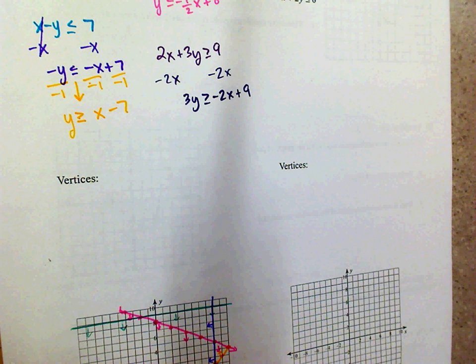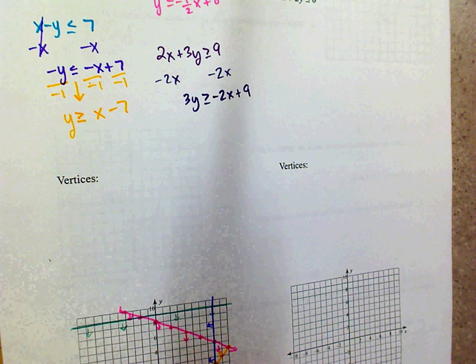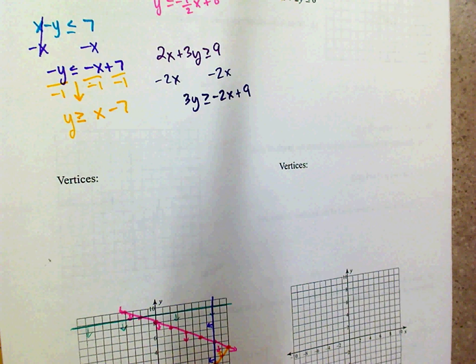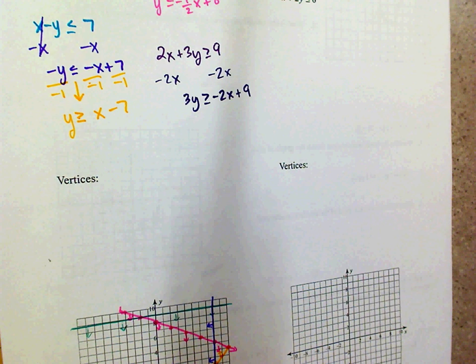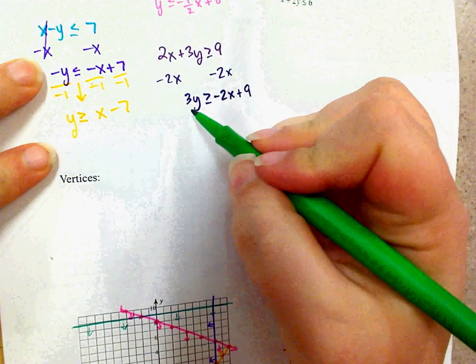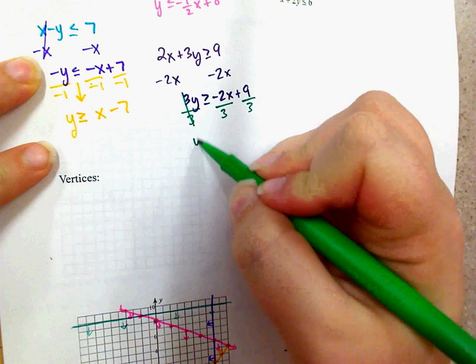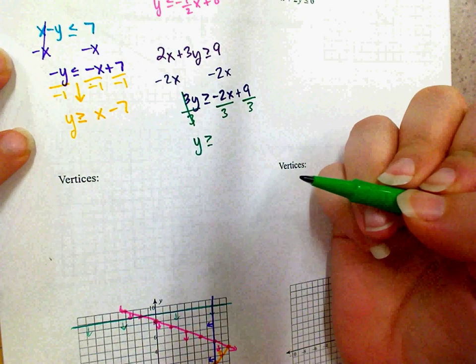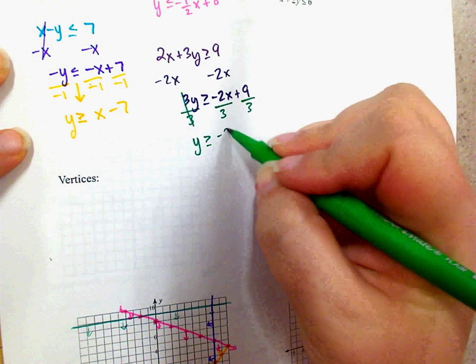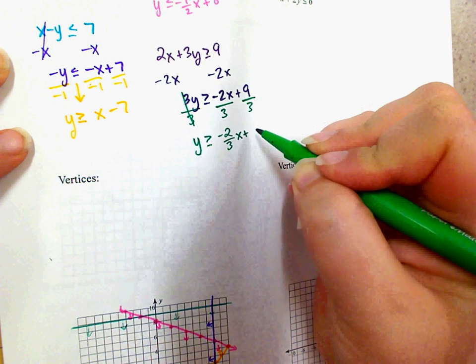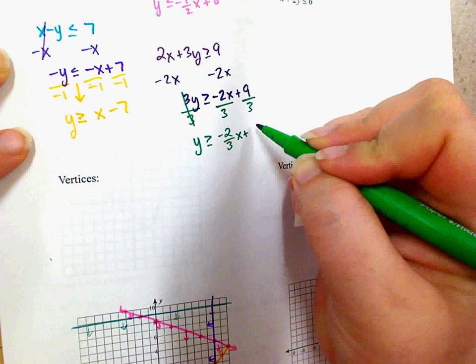What do you want to do now? Divide by 3. So I divide by 3 here, here, and here. Y is greater than or equal to negative 2/3 x plus what? Plus 3.